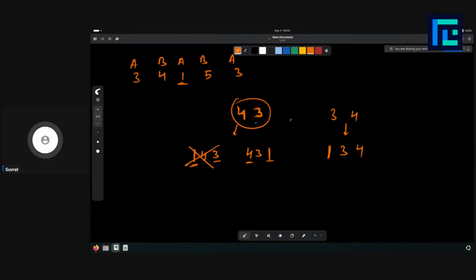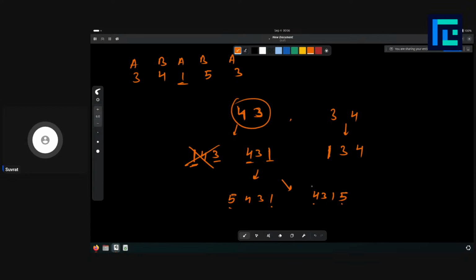So now it's Bob's turn, and Bob wants to minimize the answer, right? So in this case Bob has two choices. It can either place 5 here like this, or it can place 5 here like this. So in this case the border elements are 5, 1, and in this case the border elements are 5, 4.